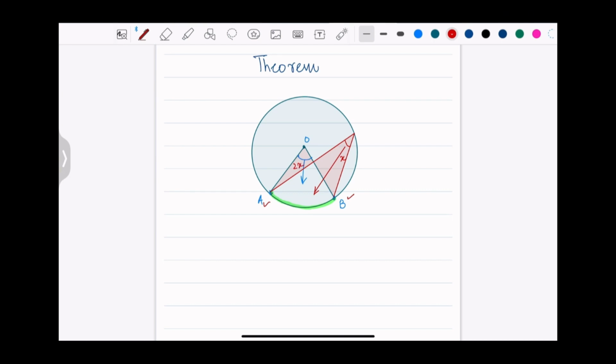You can draw all of them using your geometrical set and check for yourself.